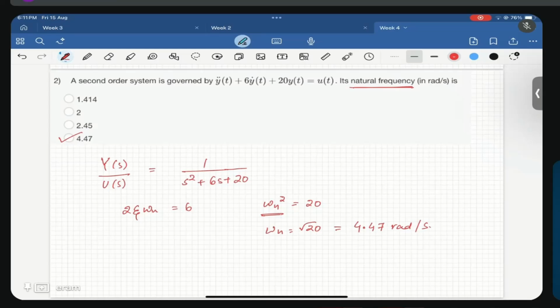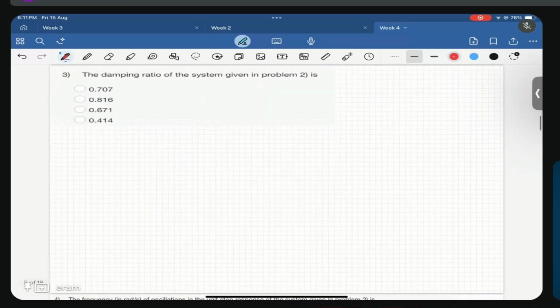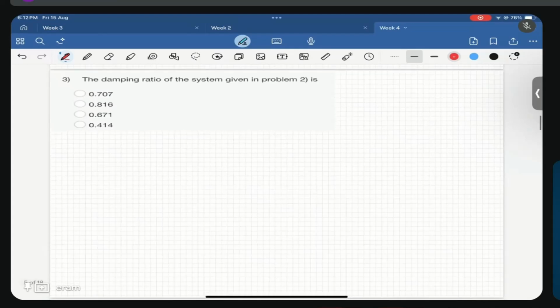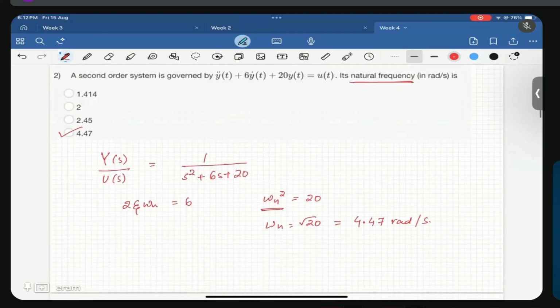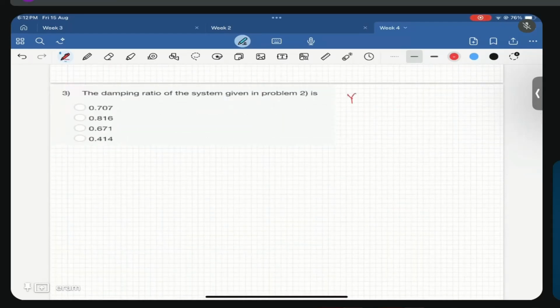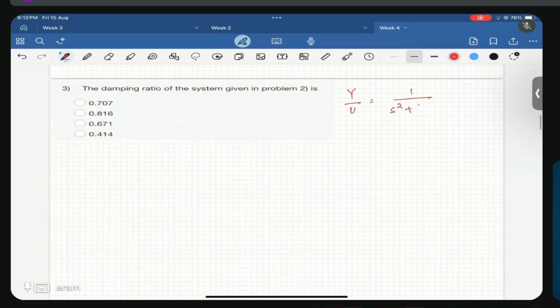Okay, very simple one. Now for the same problem, identify the damping ratio. What is the damping ratio of this system? So let me write the system for you here. The system is y by u equals 1 by s square plus 6s plus 20. Okay, identify the damping ratio.